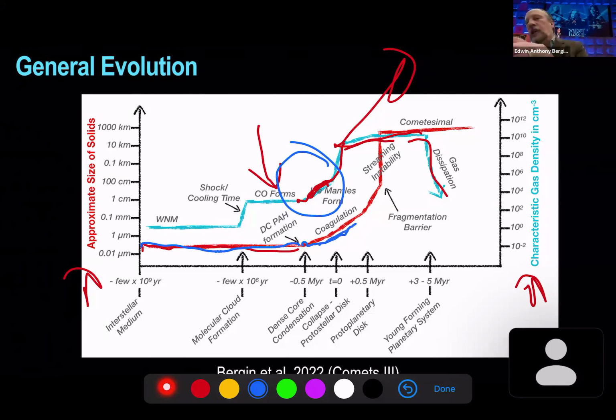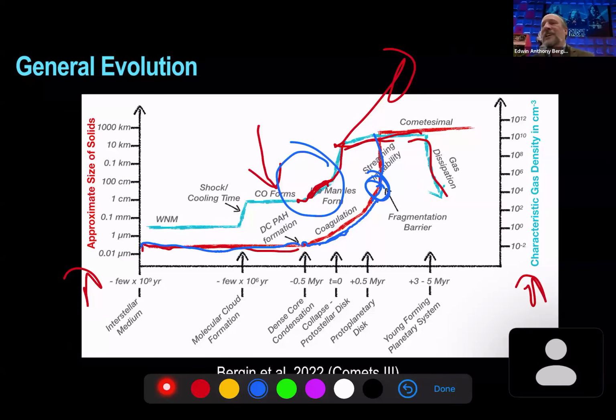And when I have the collapse, they grow, and it's in the disk that some magic happens that we call the streaming instability, where these solids get to about a centimeter in size or so. And then an instability occurs that collects them together, and you have an over-dense region of solids, and you make basically what I call cometesimals, but we typically call them planetesimals.